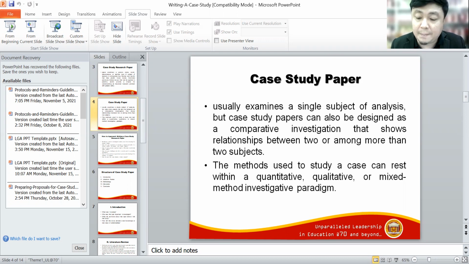And the way you describe the methods used varies depending on the type of subject of analysis that frames your case study.